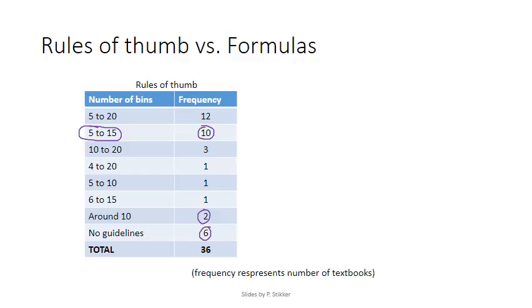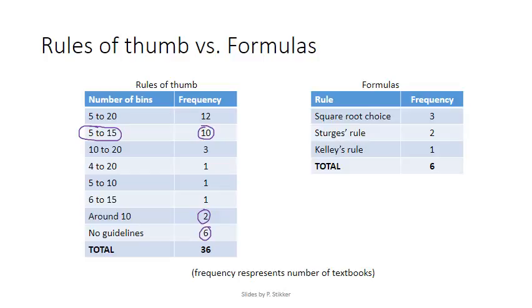There were also 6 textbooks that mentioned a specific formula. 3 of those mentioned the square root choice, 2 of them Sturges' rule, 1 Kelly's rule. So there are a lot more different rules and people who came up with different rules for this. If you're really interested, I suggest you Google a little bit on it and I'm sure you can find a few more. I will limit myself in this course to the square root choice and Sturges' rule that I'll explain both on the next slide.